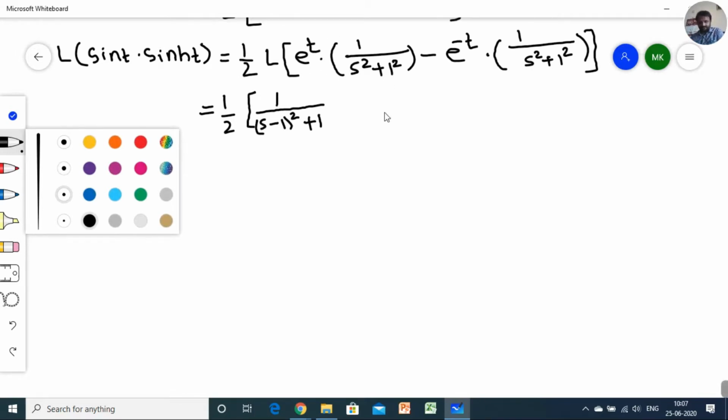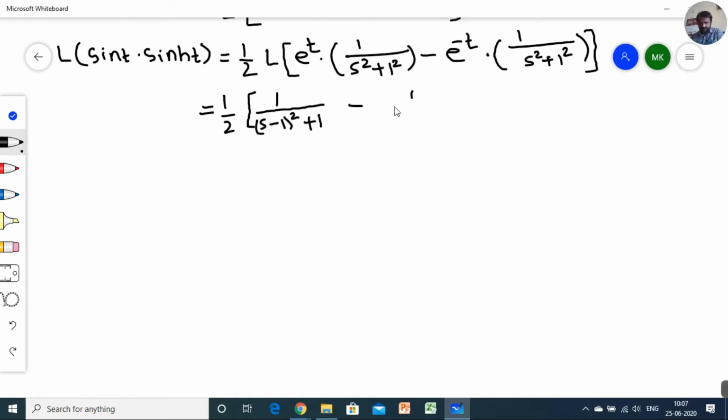and the next part becomes similarly, here we have to apply the first shifting theorem, minus 1 upon s plus 1 the whole square plus 1.